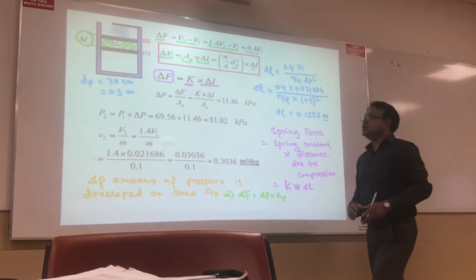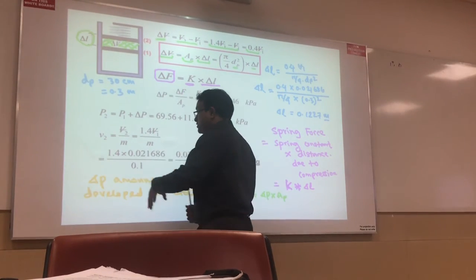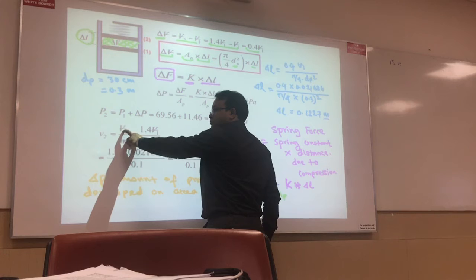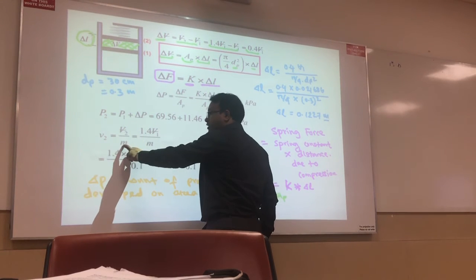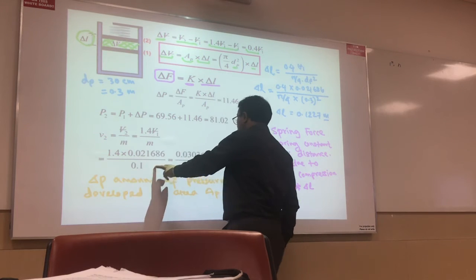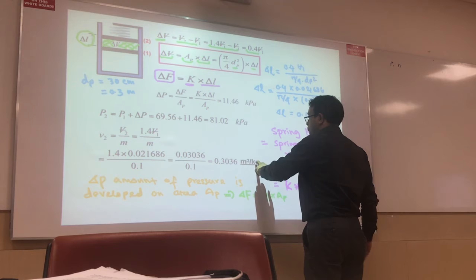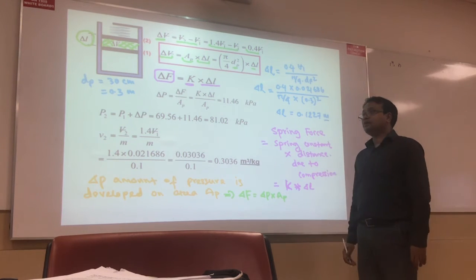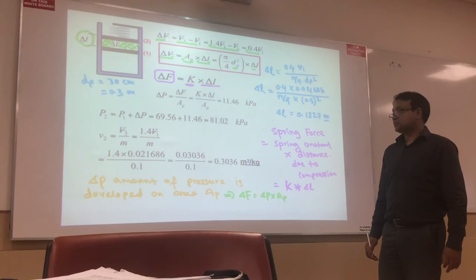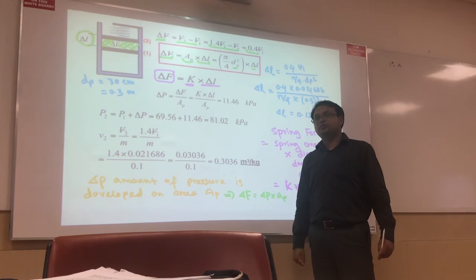Agree? Done. So what is the final specific volume? V2 is total volume by mass. Total volume is 1.4 V1. I substitute the value and I can find 0.3036 meters cube per kilogram. So this is the final specific volume.